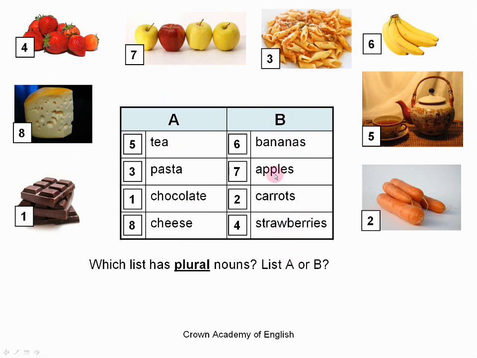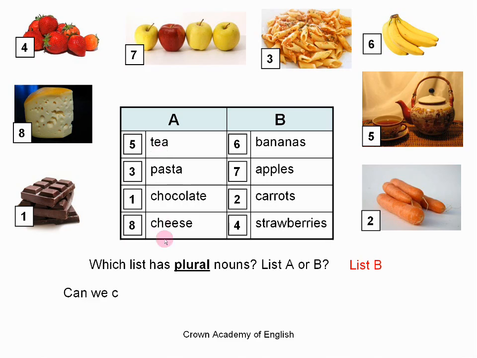Well, of course, the answer is list B. These are all plurals because there is a letter S at the end. And list A, in fact, all of these nouns are singular.